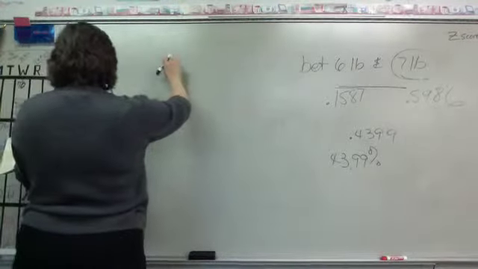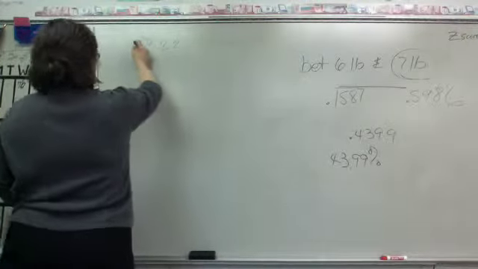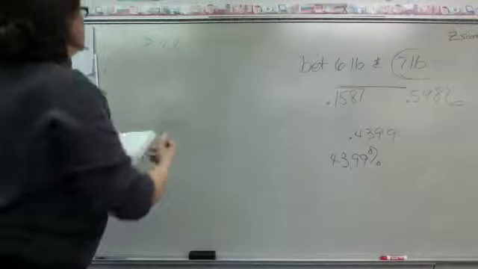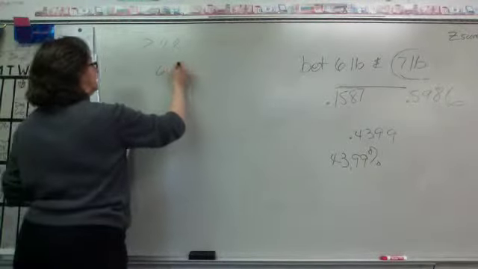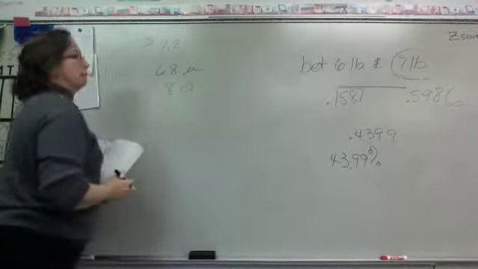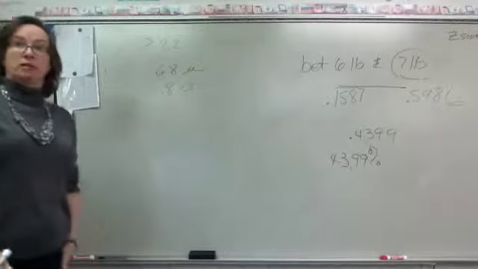Everybody look at number 3. It says, in the same hospital, what percentage of the babies weigh more than 7.2 pounds? We're still talking about 6.8 being our mean and 0.8 being our standard deviation. But now they're asking how many babies are bigger than 7.2 pounds.